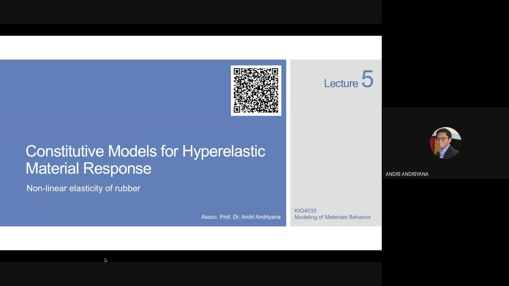The only difference from lecture 4 is that the elasticity is not linear anymore, which means that we don't have proportionality between stress and strain. This is the main difference between lecture 5 and lecture 4.